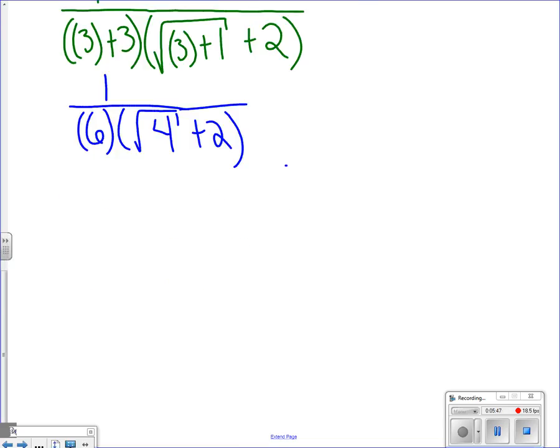And as a result, you still end up with 1 on top over 6 times square root of 4 is just 2 plus 2. That's just 4. So it looks like we end up then with 1 over 24 as this limit.